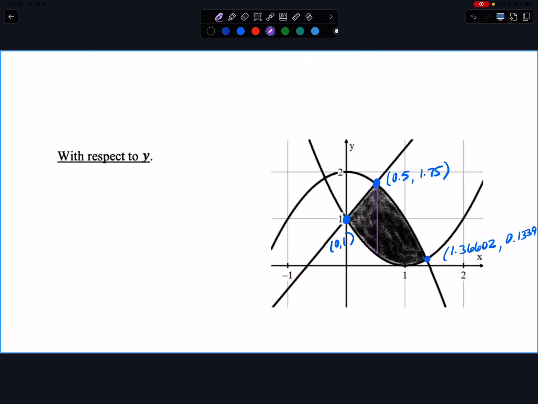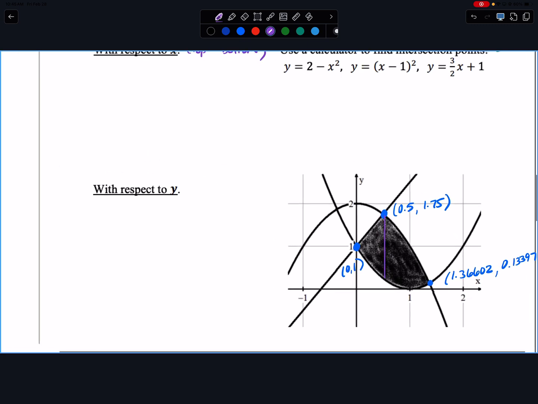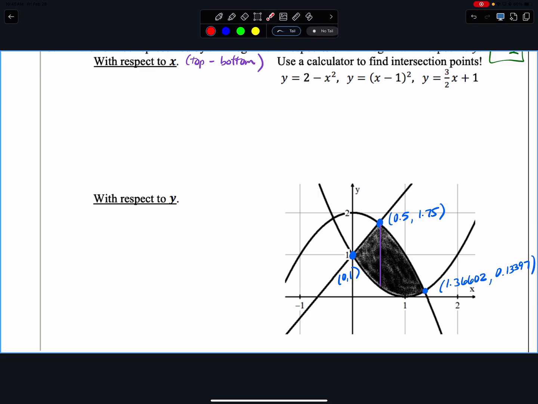Can you guys see the purple? So at the beginning, this graph starts at 0. So the area with respect to x would be the integral from 0 to what x value did I draw that purple line? 0.5 of the top function minus the bottom function.